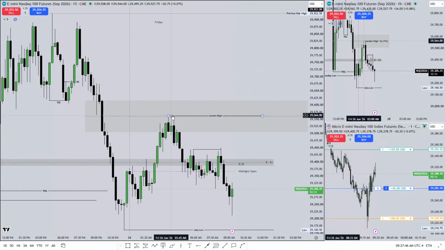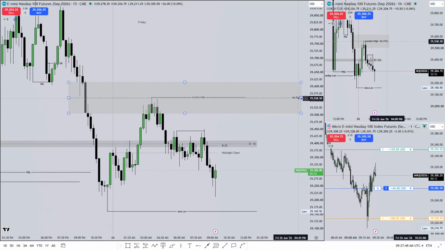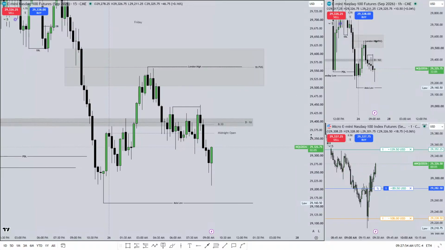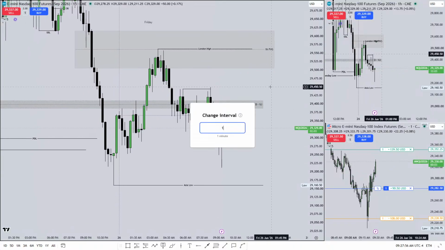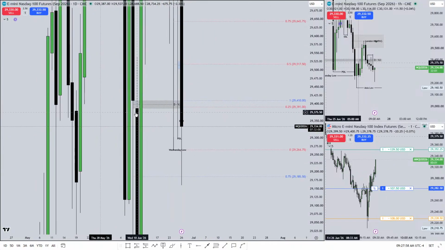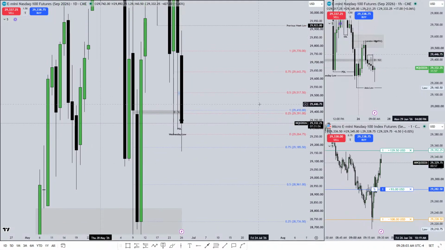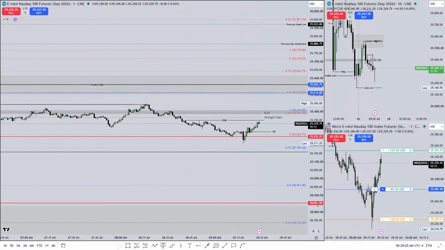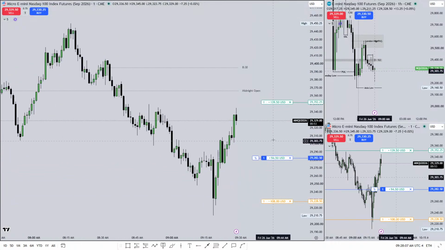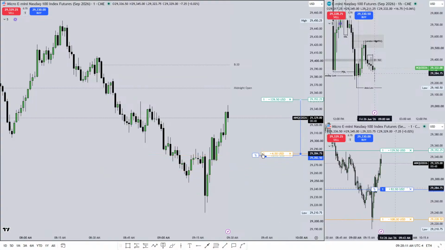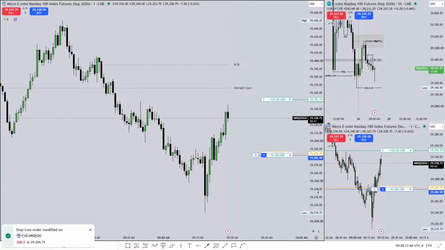If you take a look right here, that's relatively equal, but it's also right at the midpoint of this hourly fair value gap. All right, we're seeing some wicky movement here. We're trading below this daily volume imbalance, which is right here. So all right, we're about to see our targets hit, hopefully. Let me move this up to break even because we open in 2 minutes.